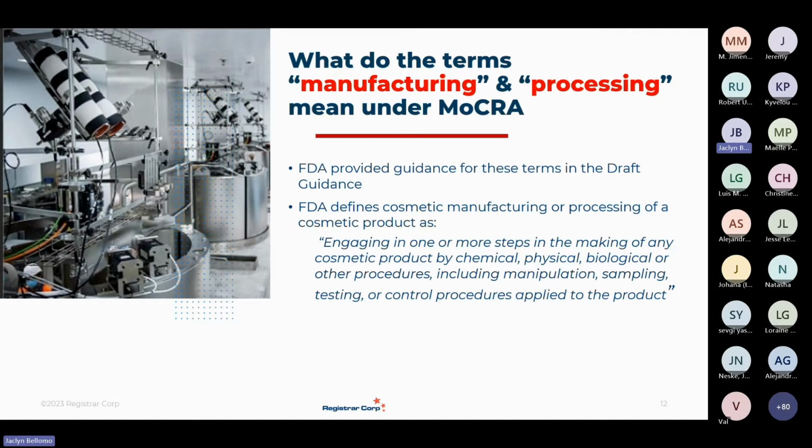FDA does not clearly define that last section of testing or controlled procedures. I know a lot of public comment went out on that draft guidance to include that language and to properly address the terminology for the manipulation, sampling, testing, and control procedures. Because as we all know, there is tons of manipulation, sampling, and testing that does go on.